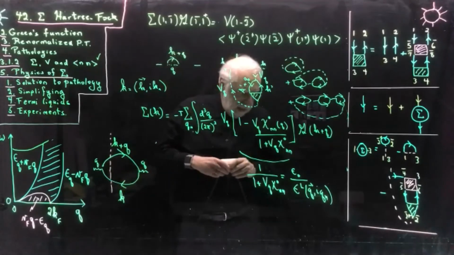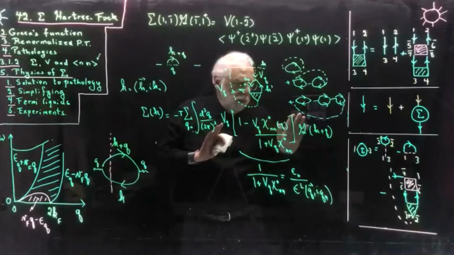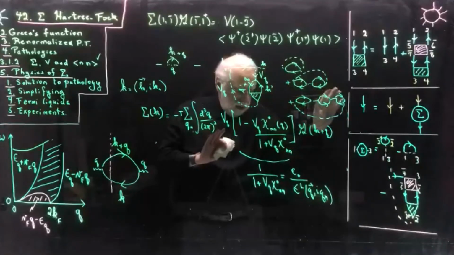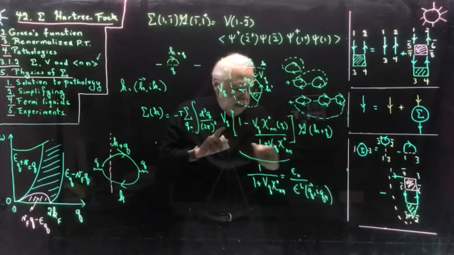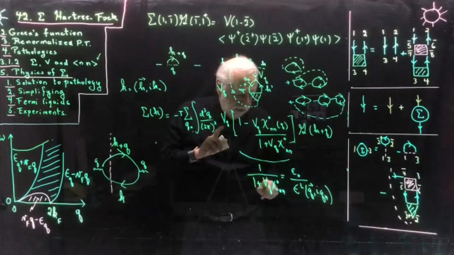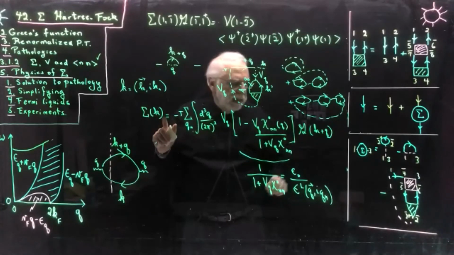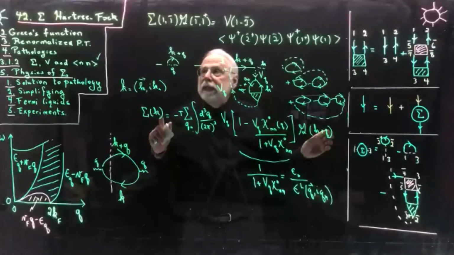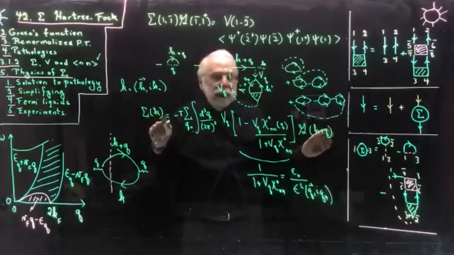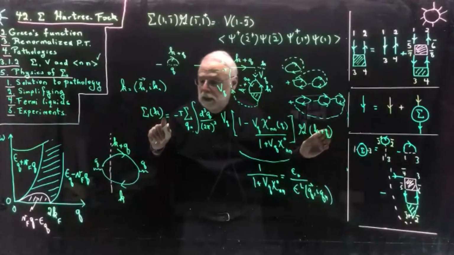Let's see here, before I erase this, suppose I have rewritten this V of Q times 1 over 1 plus V of Q chi 0, okay? Now you see that if I multiply this by G of K, and I integrate over K, in other words, I take the trace like here, but in momentum space instead of real space, what will happen?